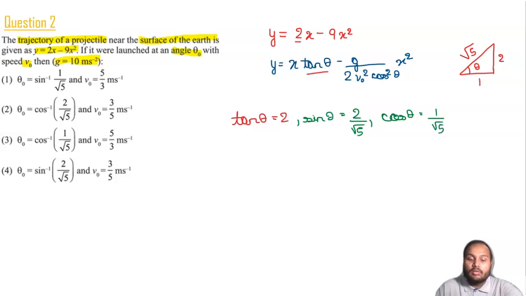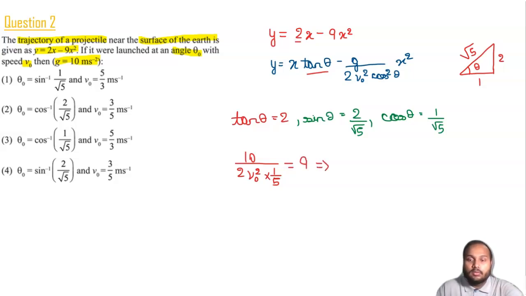Fine. Now one more thing we can find, the value of v naught, that is the speed. So g, that is 10, upon 2 v naught square into cos square, that is 1 by root 5 square. So it is 1 by 5. This is equal to 9.